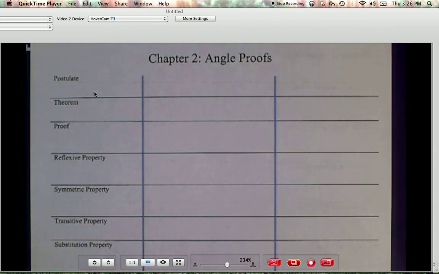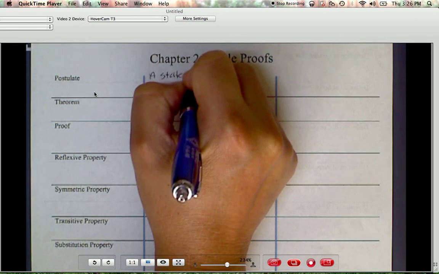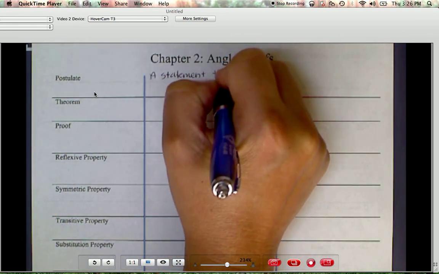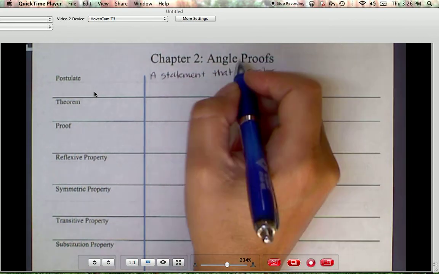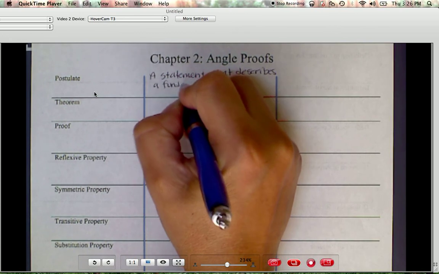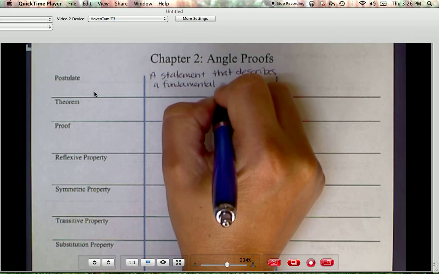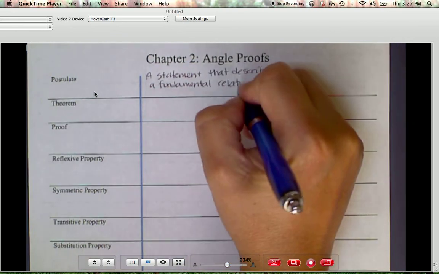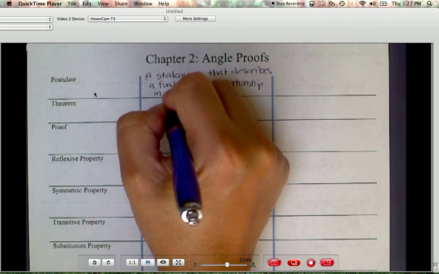A postulate is a statement that describes a fundamental relationship in geometry.